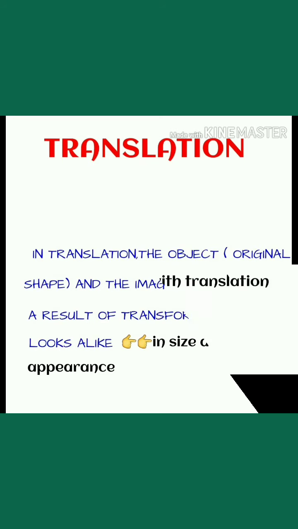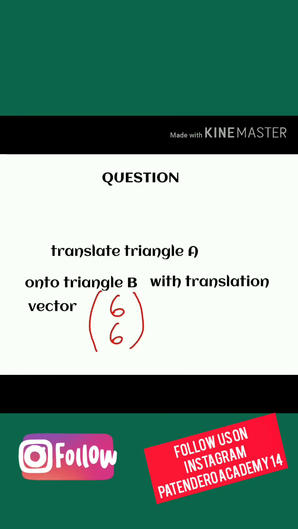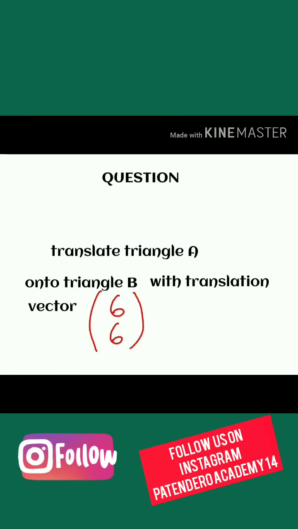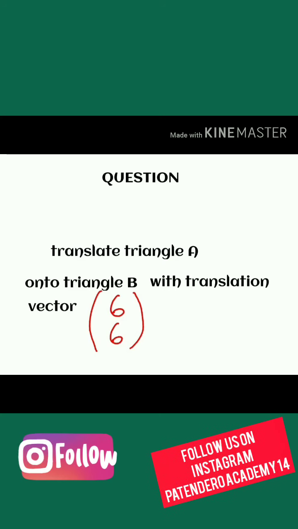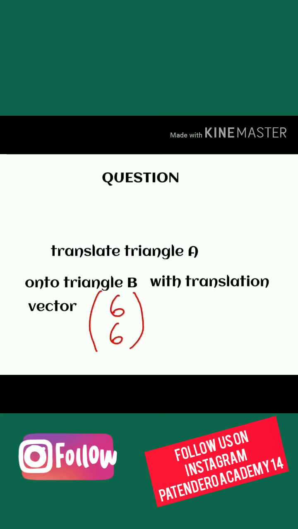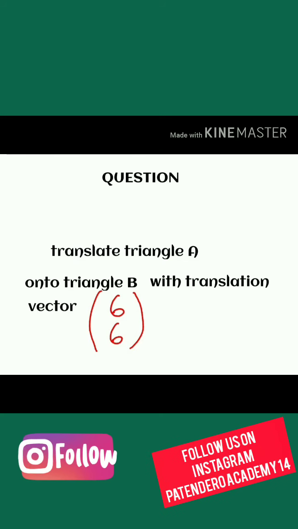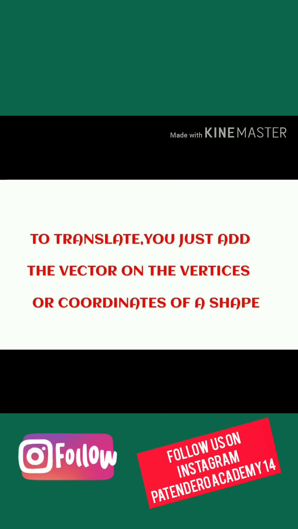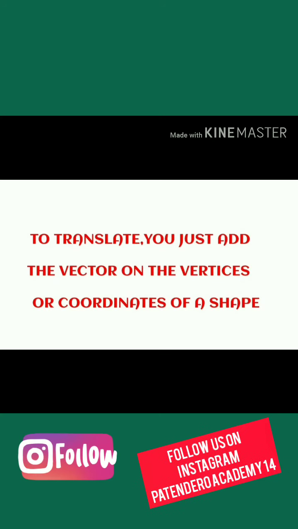For example, translate triangle A onto triangle B with the translation vector (6, 6). That vector, like a column number, is added to the coordinates, the vertices of the object. So to translate, you just add the translation vector to the coordinates of the shape.